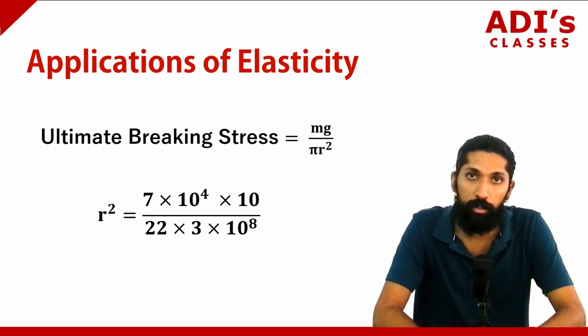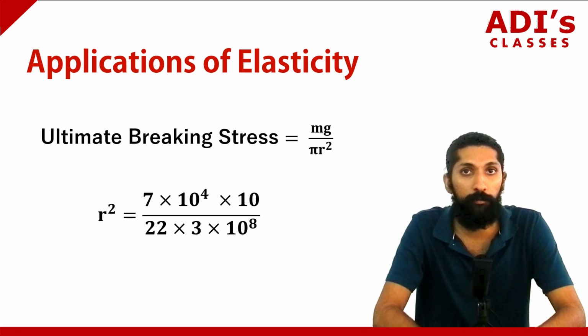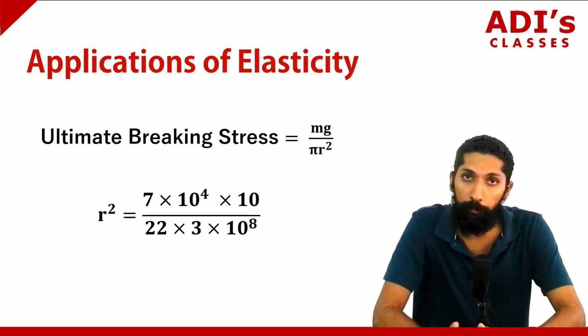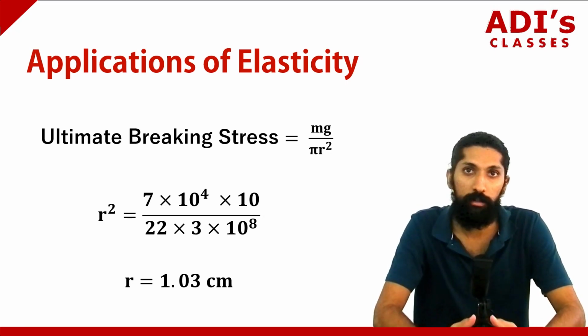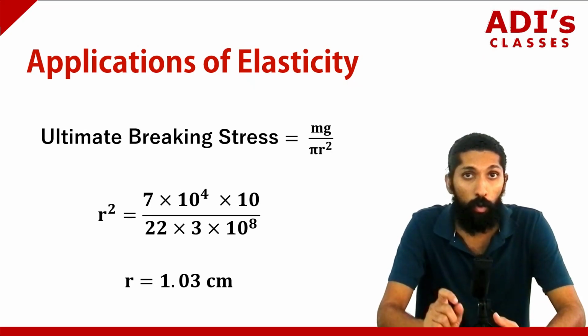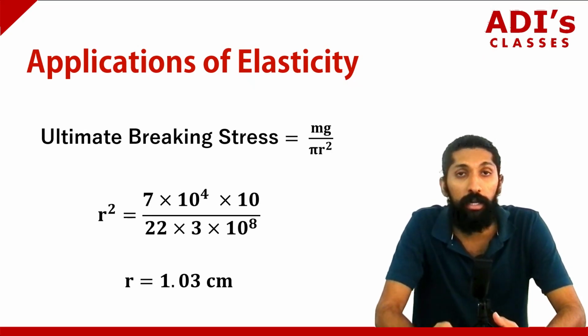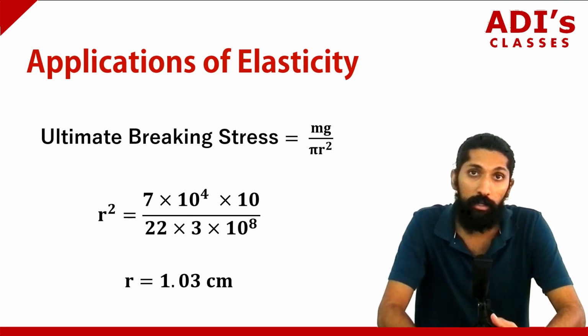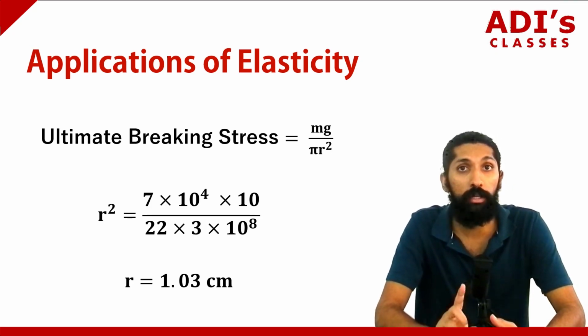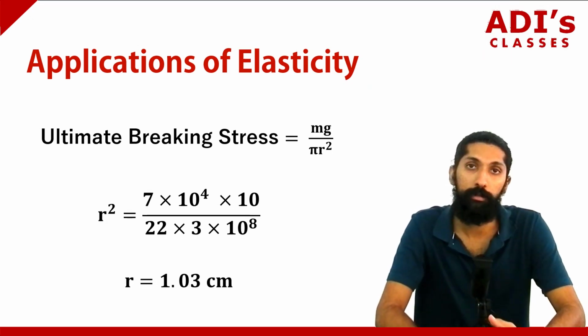So r square is equal to 7 into 10 power 4 into 10 divided by 22 into 3 into 10 to the power of 8. Now, the r value is approximately 1 centimeter. If you do a precise calculation, you'll get 1.03. Take it as 1. So a stainless steel cable of 1 centimeter radius can withstand 10 to the power of 4 kg of load.